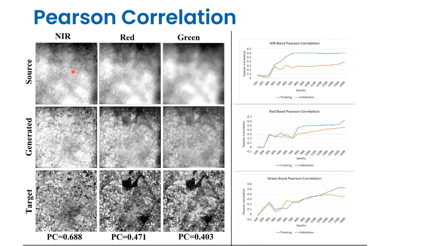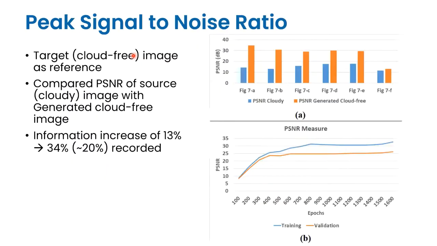We can see that the NIR band showed a correlation of 68%, red showed around 47%, and green around 40%. It is natural, as we move from higher wavelengths to lower wavelengths, the penetration will decrease, and hence the correlation will also decrease.